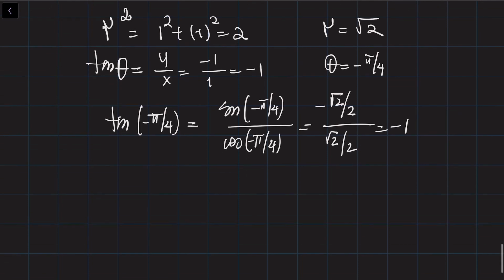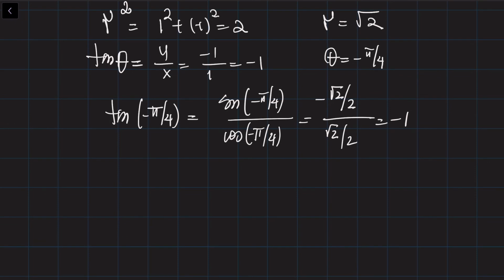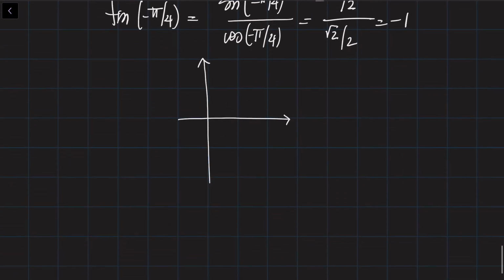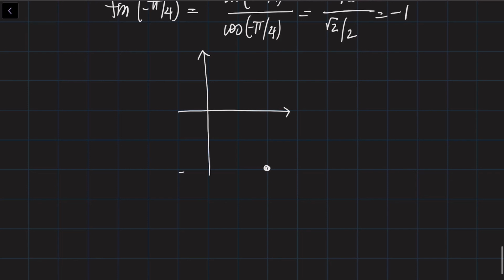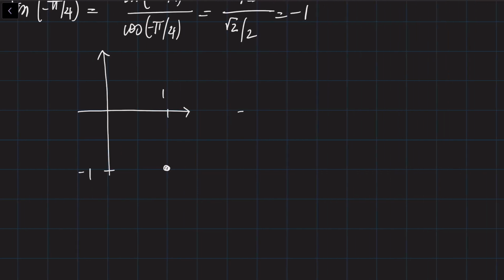And that's going to be equal to minus 1. So our point in the rectangular coordinates, if you would draw this, would be here, with the coordinates 1 and minus 1. And the same point in the polar coordinates, if this would be the pole, is going to be in the direction of the minus pi over 4 angle, right?